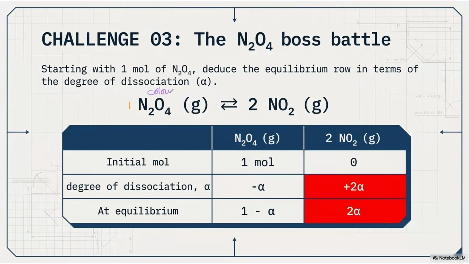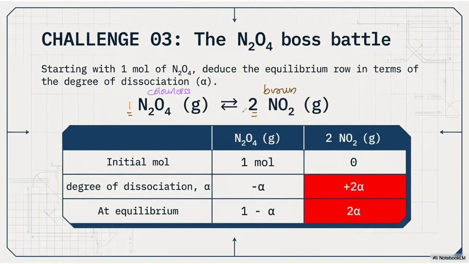N2O4 is colorless, and NO2 is brown. So stoichiometrically, 1 N2O4 will dissociate to become 2 NO2.